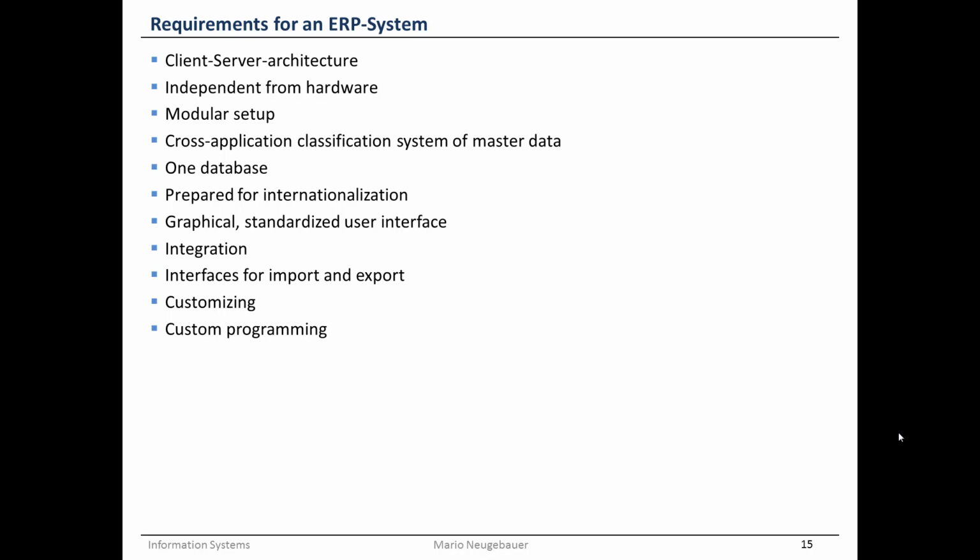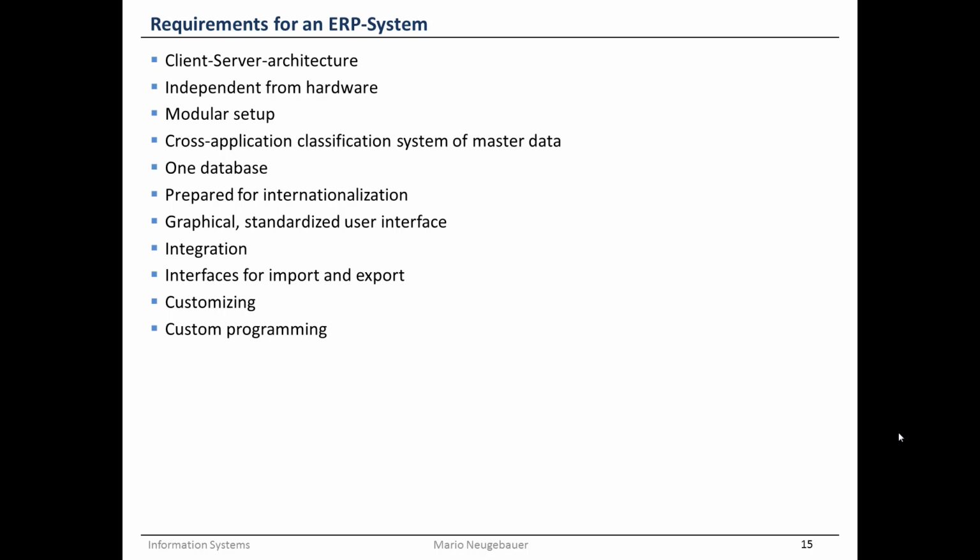You need a user interface for your ERP system. Nowadays, it's mostly graphical. It's standardized across the entire ERP system. Standardized, with the new web technologies, is actually not that valid anymore.